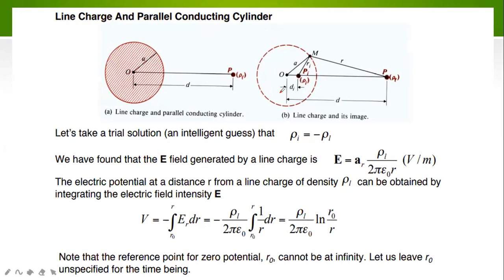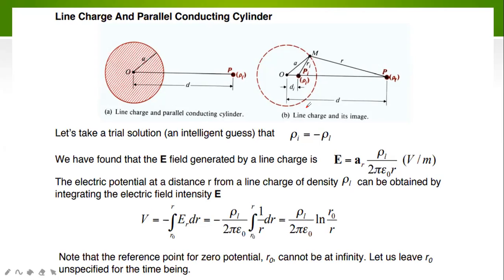There is a point P and the line charge has some charge density. Obviously, the point P is at distance d from the center. We'll follow the method of spherical symmetry, and we can induce an image inside that symmetry at some distance d dash or di.